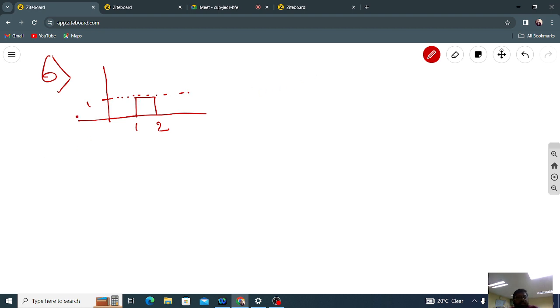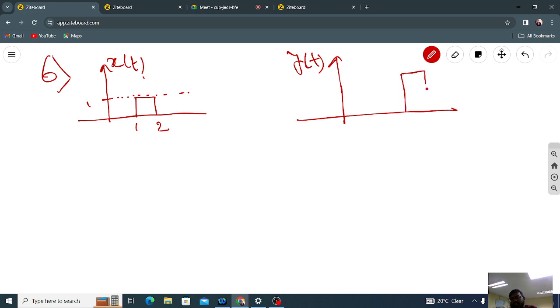This is x of t. I am drawing the another signal y of t, and this value is 2, between 3 and 4.